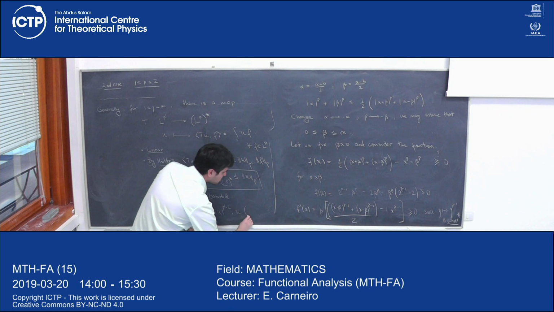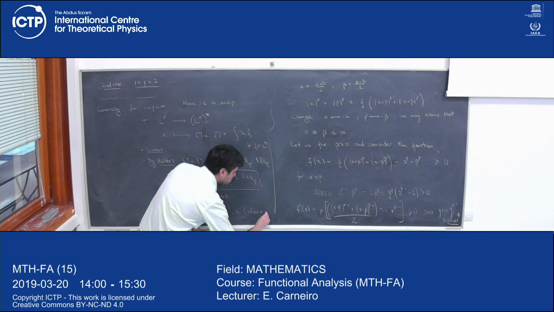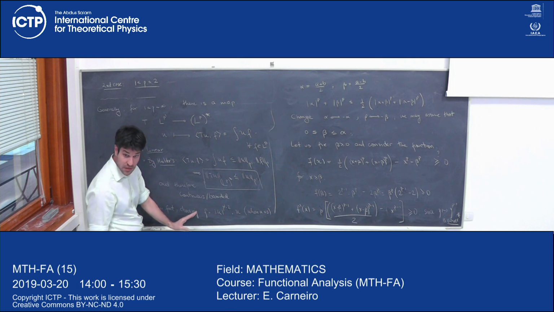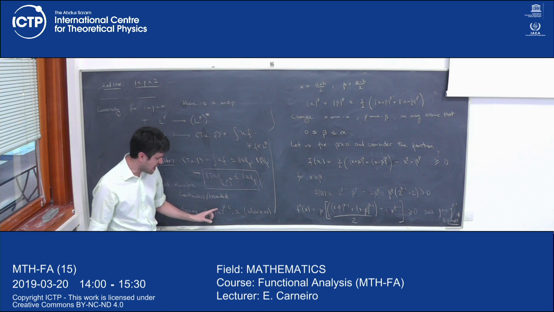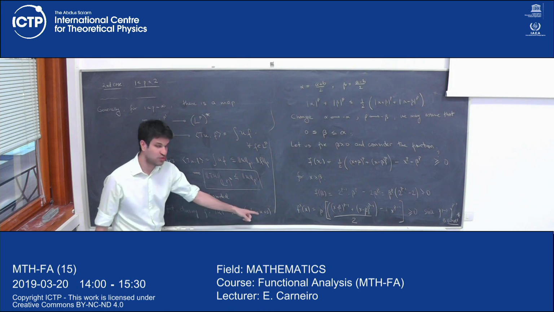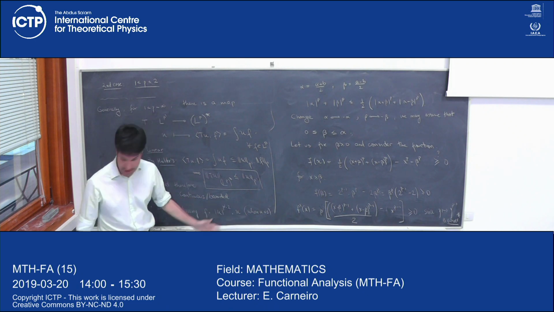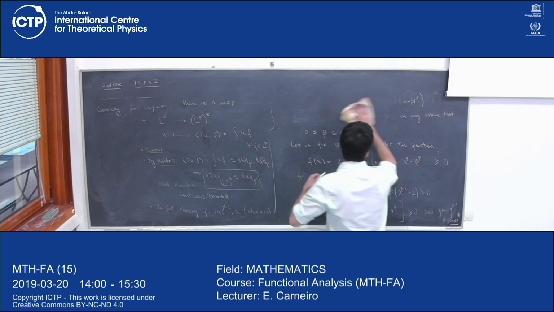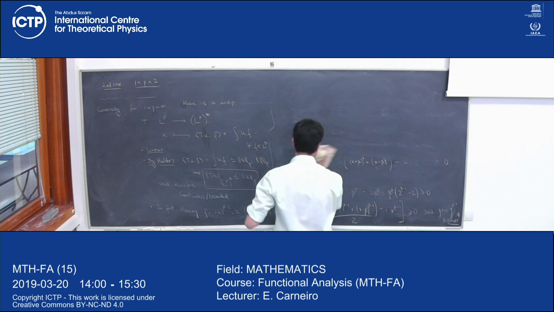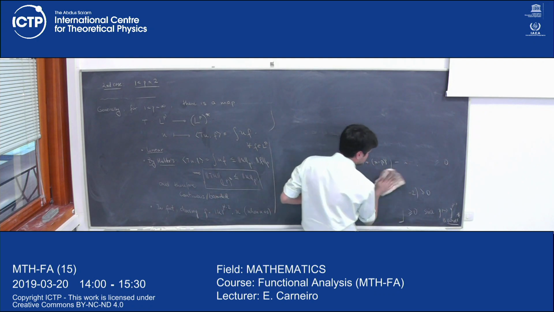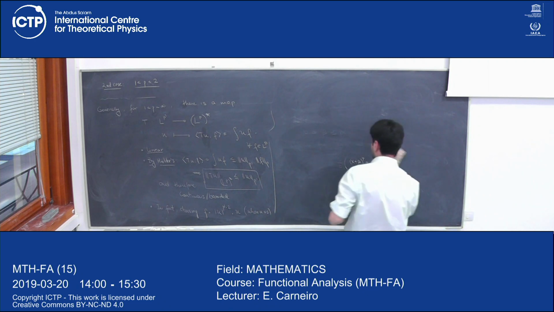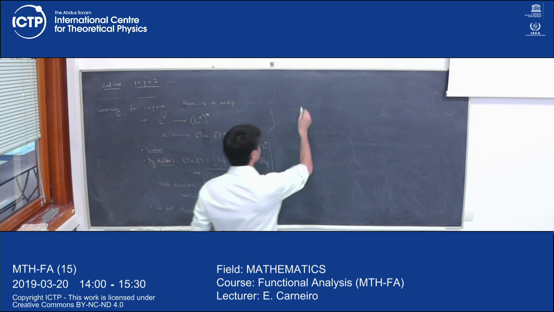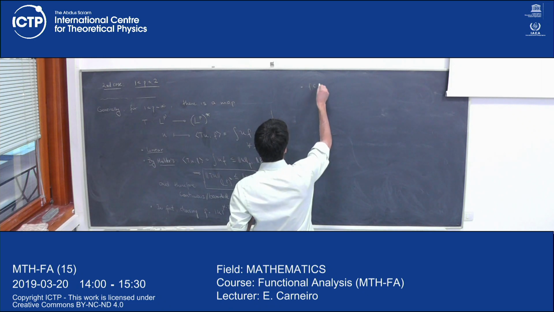This is just when u is different from 0. When u is 0, f is 0. So let's define f to be the absolute value of u raised to this power times u when u is not 0, or 0 when u is 0. This function verifies the following properties. First, I claim that this f belongs to L^p.